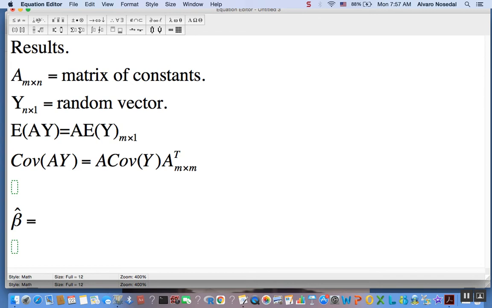Beta hat is just x transpose x inverse x transpose y, right? So let me write that down here: x transpose x inverse x transpose y.